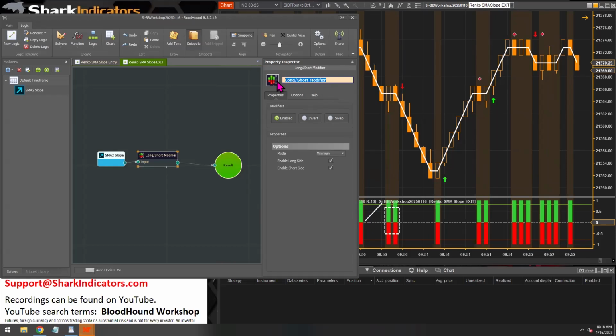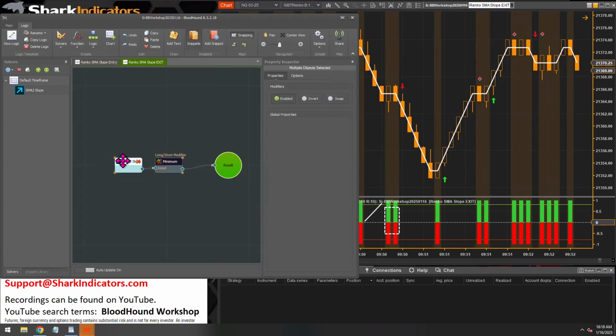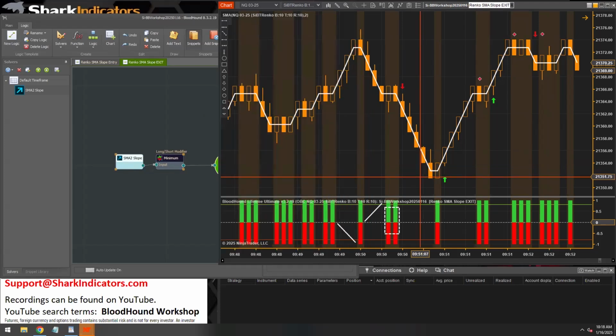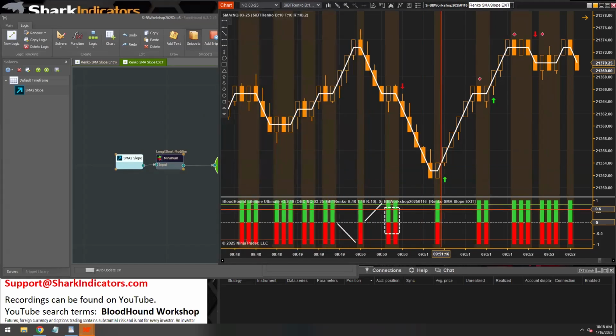And I will name this here. There. So I like to just name the long short modifiers whatever mode they're set to there. And so there's our exit signals, right?